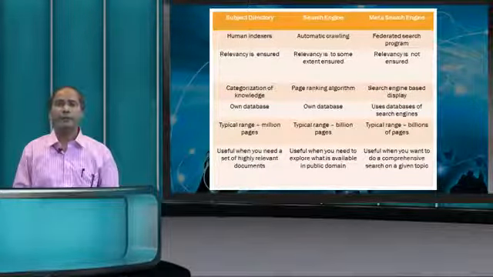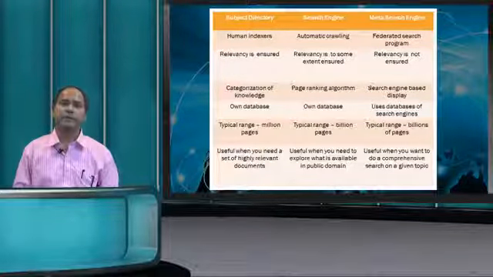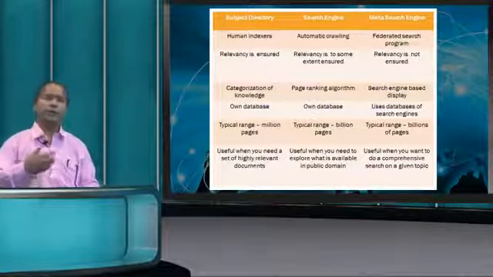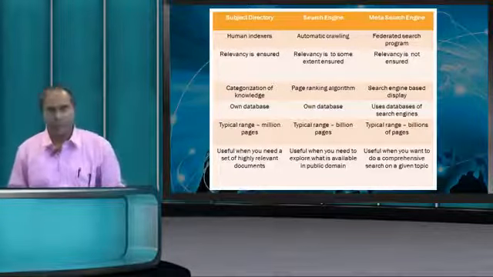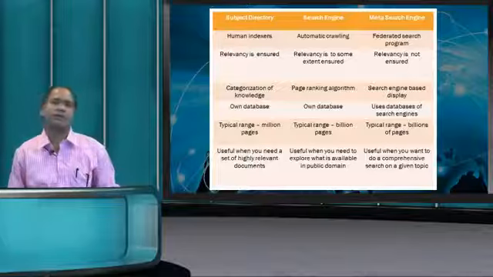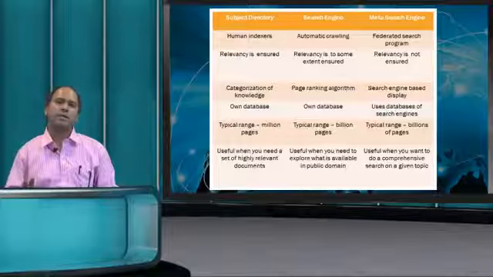On the other hand, if you compare a meta search engine with a search engine, meta search engines are based on a federated search program. They take a query from you and forward your query to a number of search engines. They have agreements with different kinds of search engines. Here, relevancy is not at all ensured because a meta search engine is based on the different algorithms of the search engines.